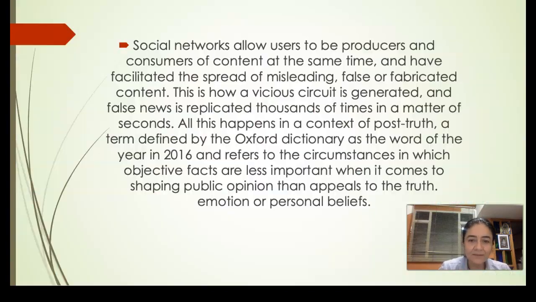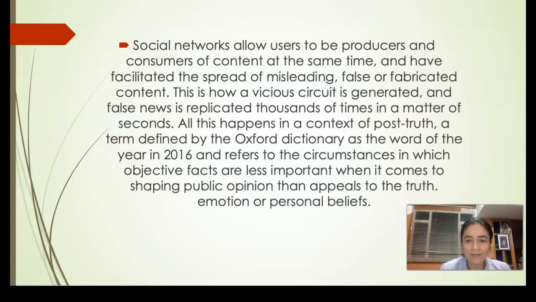Thank you, students. The reflection. Social networks allow users to be producers and consumers of content at the same time. This has facilitated the spread of misleading, false or fabricated content. This is how a vicious circle is generated, and false news replicates thousands of times in a matter of seconds.